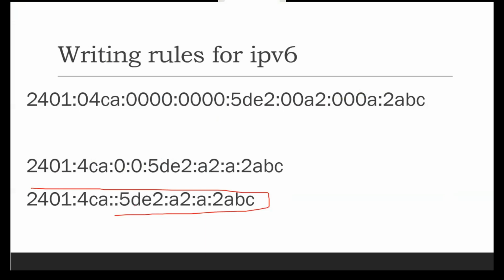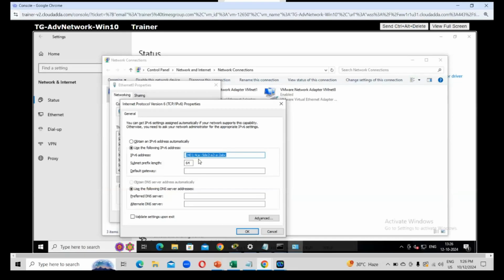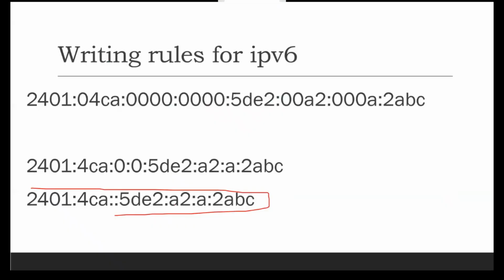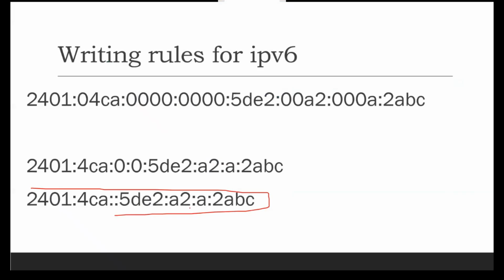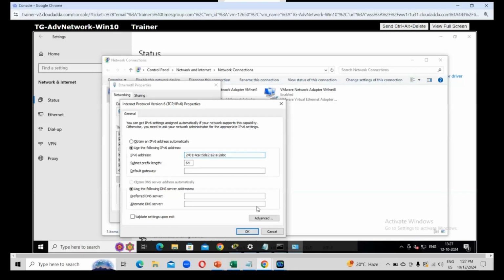Then 4CA, here also 4CA. Then 5DE2, here also 5DE2, but before that the double colon is there also. Then A2A and 2ABC, A2A and 2ABC, the same. That means there is no need to put the lengthy IP. You can shorten it by those rules and directly put this one.